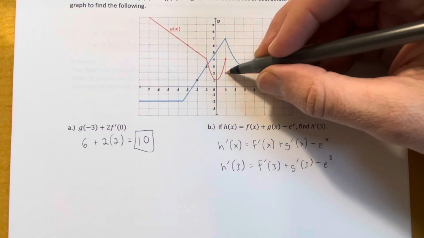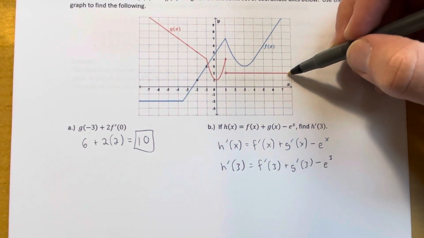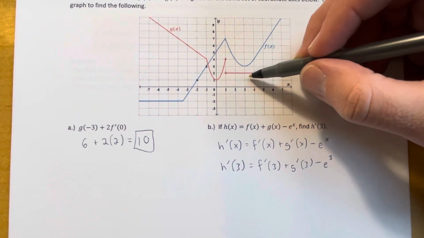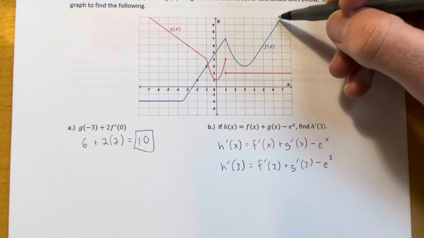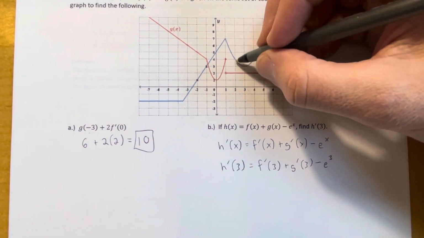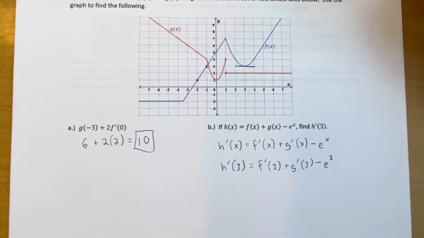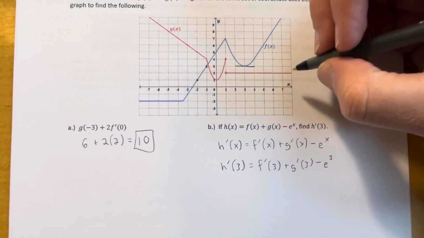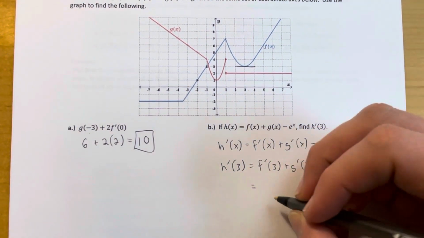So this one, for g of x, the entire graph is just a horizontal line anyways, at least for the part that x equals 3 is on. For f of x, it's not a constant function, but it has this valley bottom right there, which would give me a horizontal tangent right there. That would also have a slope of 0. Both of these are equal to 0 because both of them are horizontal tangents.